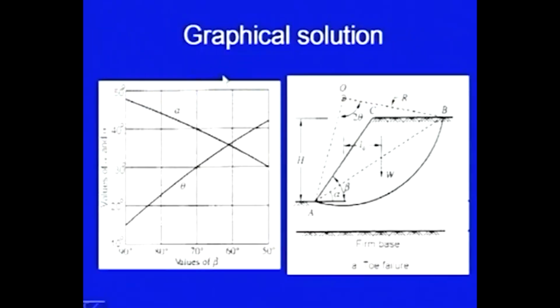So, you can see the method is quite tedious, you have to take a large number of these circles. So, the exercise has been made simpler by offering the graphical solution.